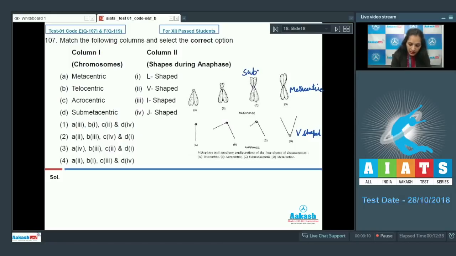You can see here it is a sub-metacentric chromosome as the centromere is just away from the middle, and this appears L-shaped. This chromosome is acrocentric as the centromere is present near the end, and in anaphase it appears J-shaped.